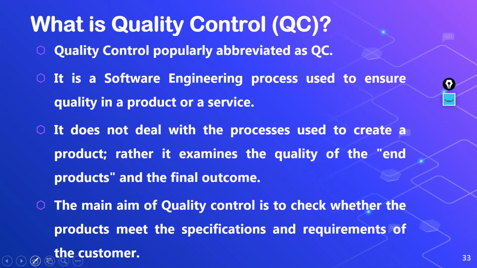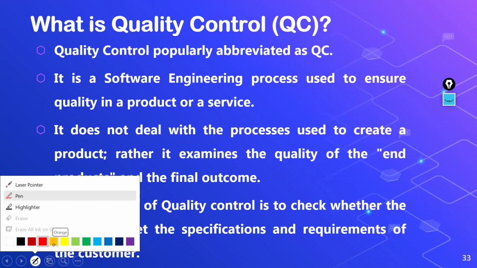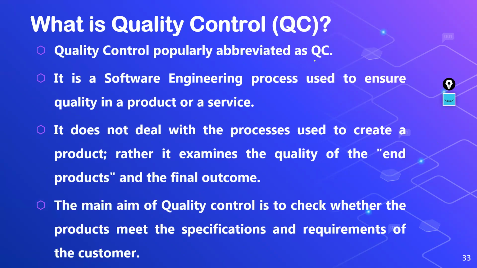Then comes something known as quality control. Quality control is primarily focused onto the product or that service. QA earlier was for the process. QC here is for the product.